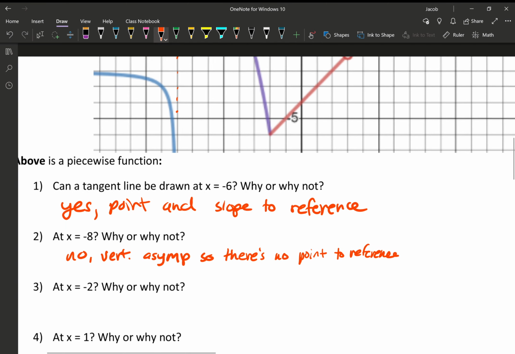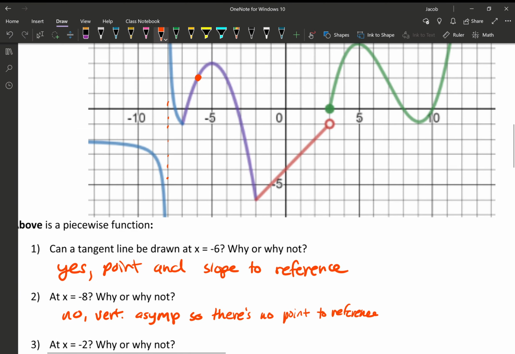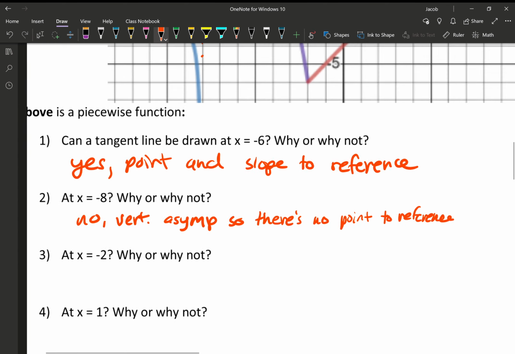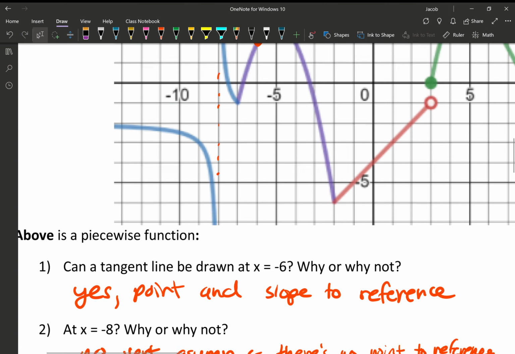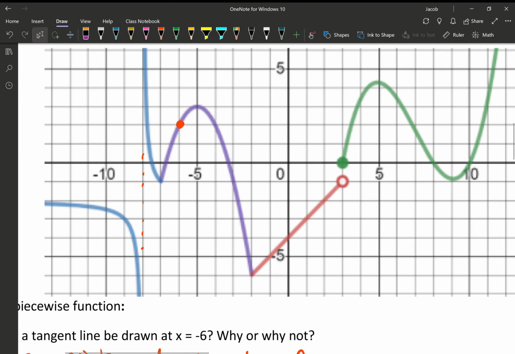At x equals -2, we have a cusp. No, so no slope to reference. It's not locally linear. At x equals 1, that's right here.